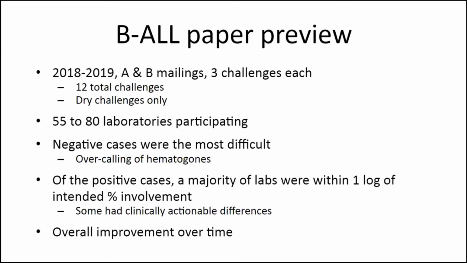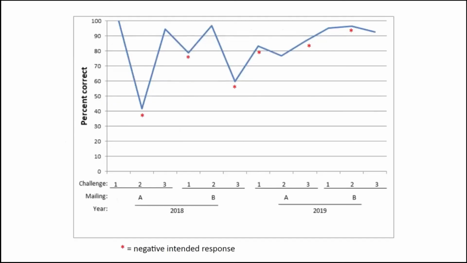The lowest scoring challenge was a negative challenge in the first mailing, the 2018 A mailing, which had only 41.8% of labs correctly calling the case negative. Of the positive cases, a majority were within 1 log of the intended percent involvement, though some did have clinically actionable differences. However, overall performance improved with time, as we can see here.